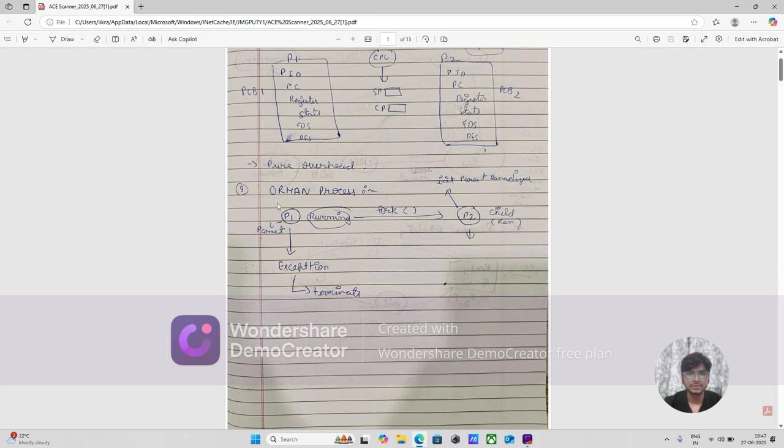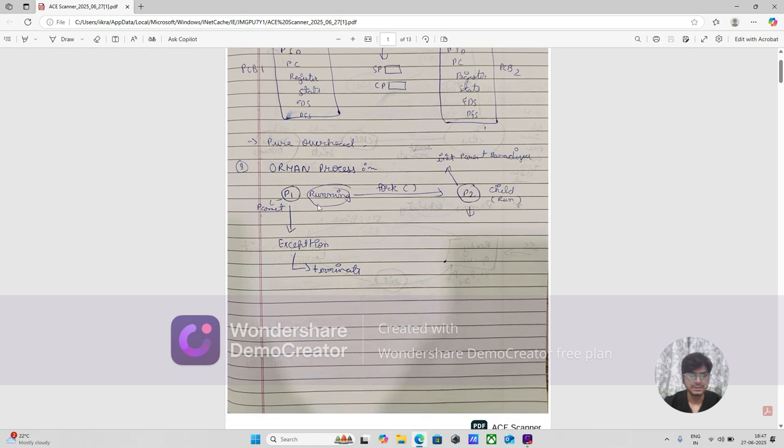So now I'm going to explain orphan process. What is an orphan process? Basically, P1 is running something and it has a child P2, but after that sometimes P2 has exited or terminated. So what will happen now?